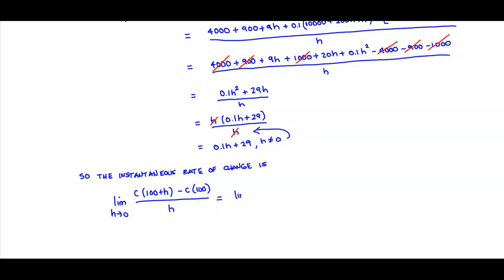So we want to find out what is the limit as h approaches 0 of 0.1h plus 29. And so therefore, if we plug in 0, we have 0.1 times 0 plus 29, which therefore gives us $29 per unit.